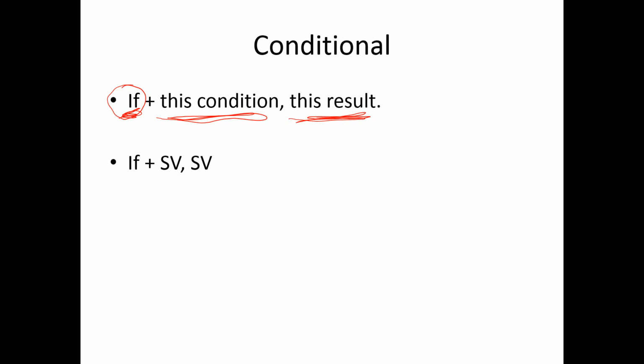A lot of times we'll see it as if plus a subject and verb, and then a comma, and then another subject and verb. Sometimes we can move the main clause to the front and put the if clause in the back. For example, it would be subject verb, if, and then subject verb.